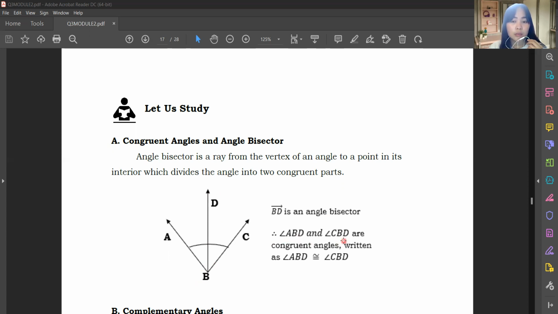And angle CBD, the same thing, B is our vertex. Now, angle ABD and angle CBD are congruent angles. When there is congruence, the symbol is an equal sign with a wave on top. So, angle ABD is congruent to angle CBD.